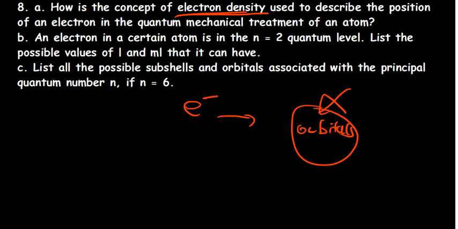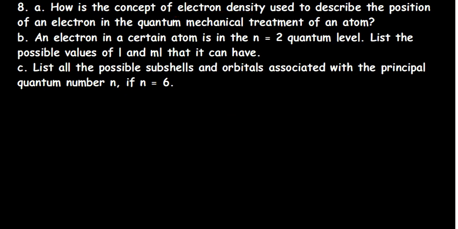So higher electron density indicates a higher probability of finding an electron in that region of an orbital. Like I mentioned earlier, this is different from the other models which depict electrons orbiting around the nucleus in well-defined paths. But under quantum mechanics, there is an introduction of the concept of orbitals. Okay, so we can now look at B.